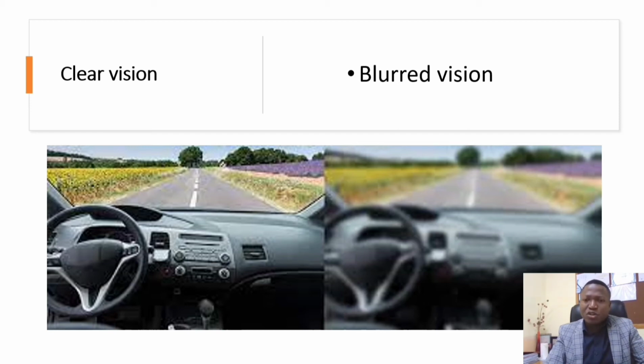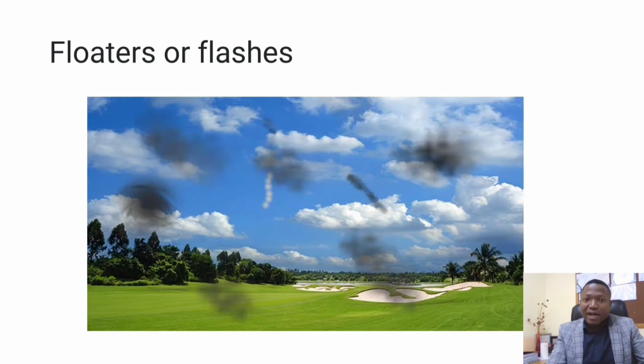What are the symptoms that one will present with when having this particular condition? The first symptom is blurry vision, where a person can't see things clearly. Most of the things that you look at are blurry. The other symptom is floaters or flashes, where you see a dark cloud floating in your vision.